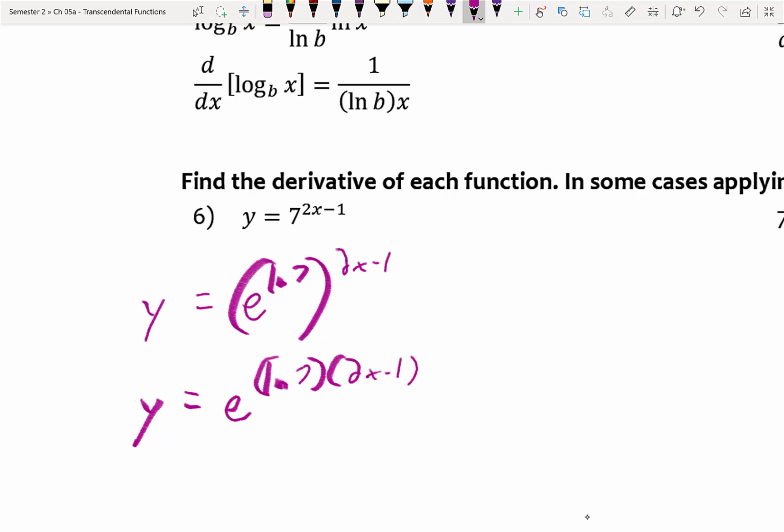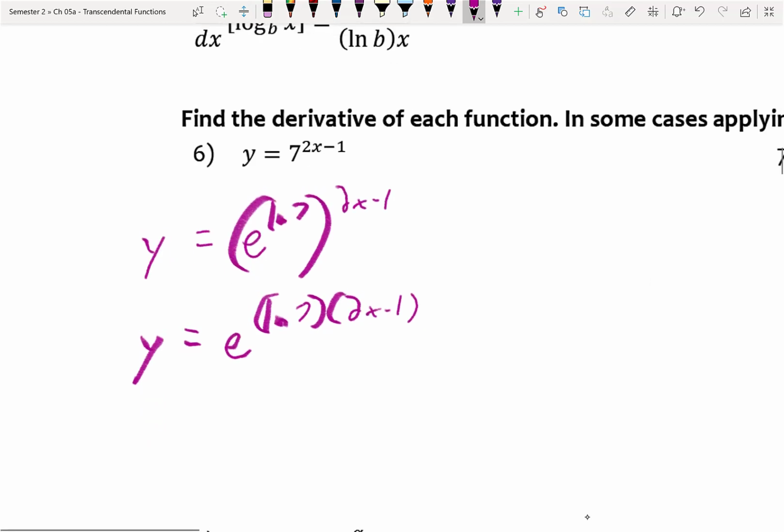And now, Simba, we're going to do the chain rule derivative of this. The derivative of the exponent is actually going to end up being 2 ln of 7, because if I were to distribute the ln of 7 into the 2x minus 1, it'd be 2 ln of 7 x minus ln of 7. The ln of 7 part would drop out.